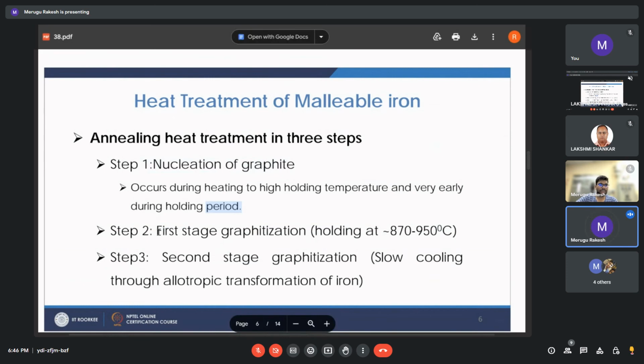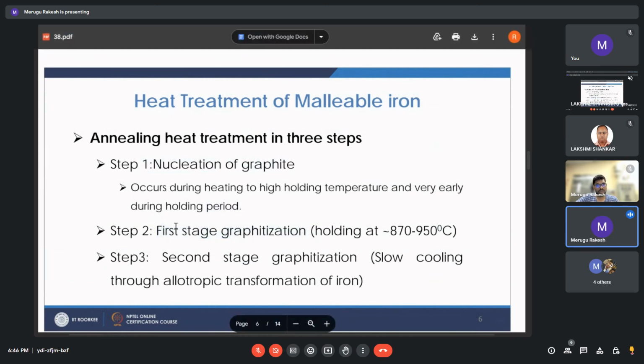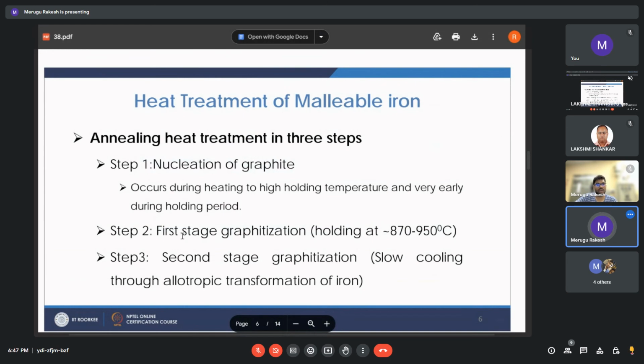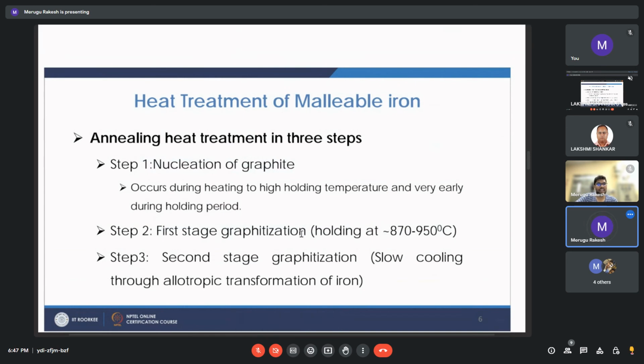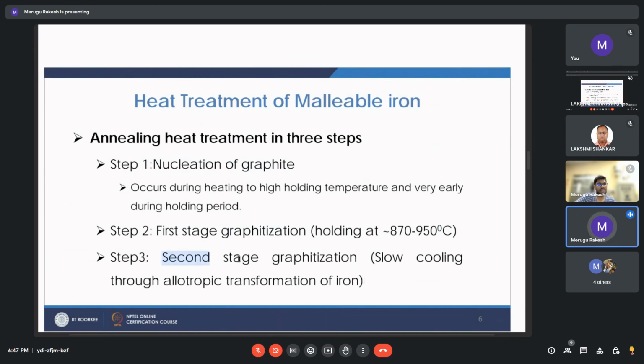Then we have first stage graphitization, known as FSG, where we hold at 870 to 970 degrees Celsius. This promotes the nucleation, and graphitization happens. Then we start slow cooling through the allotropic transformation of iron, and we get the second stage of graphitization. So graphitization happens in two stages.